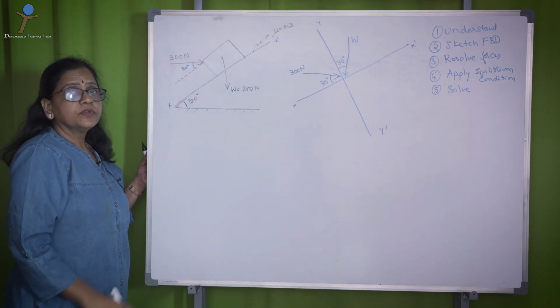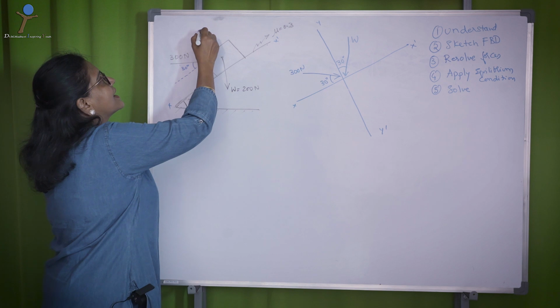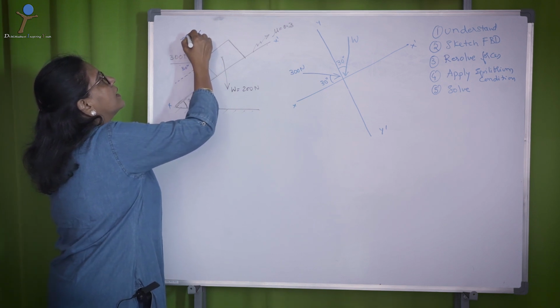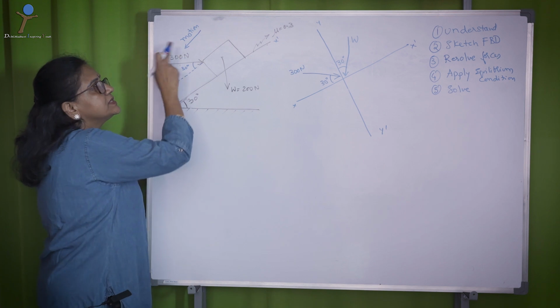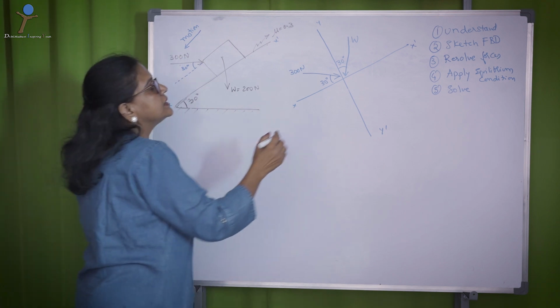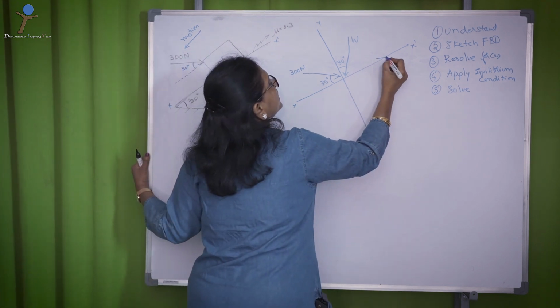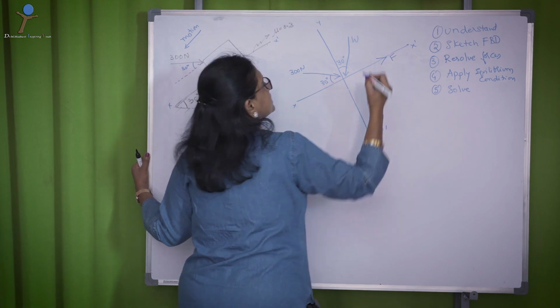Now, if you imagine the body is sliding down, your frictional force acts opposite to the sliding motion, that is in the upward direction, that is F.